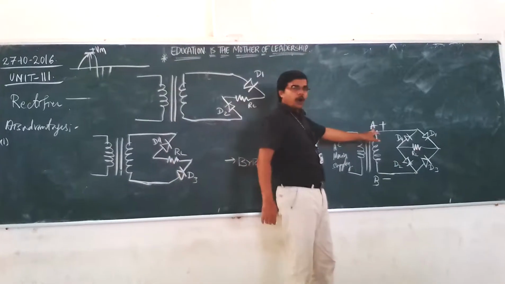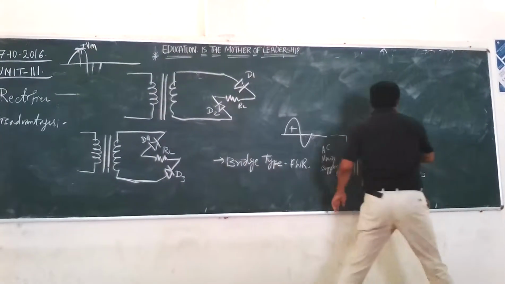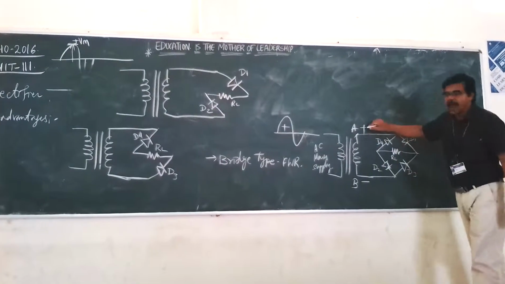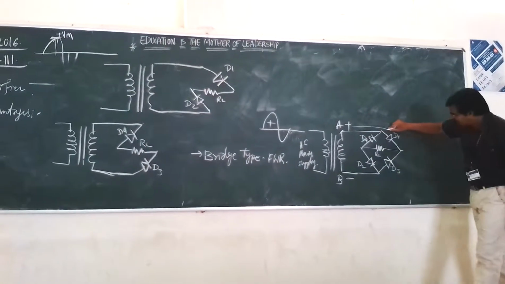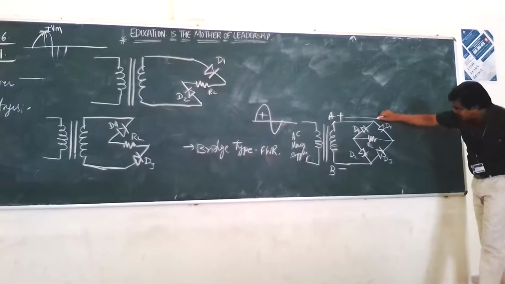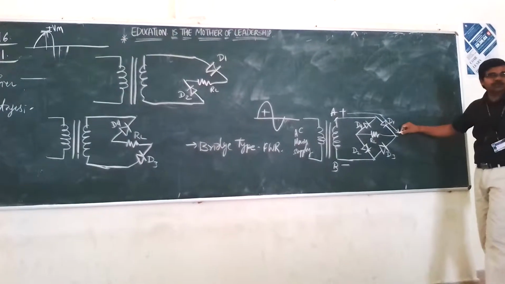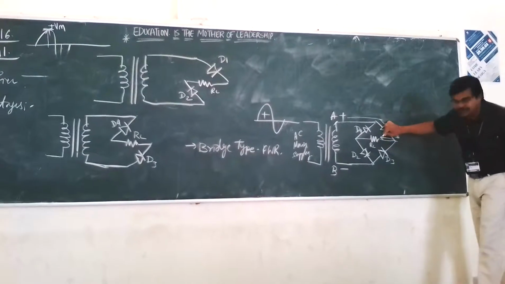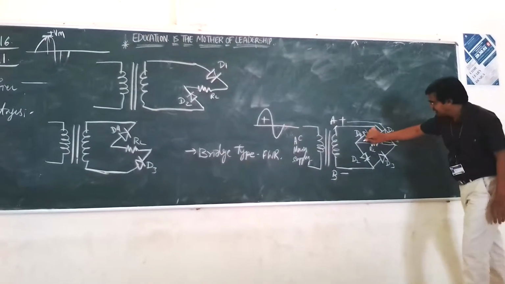So as A is positive in the first half cycle, diode D1 is forward biased, so it will conduct and the current passes through the load resistance.